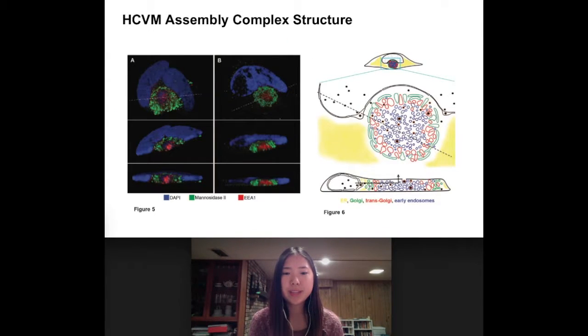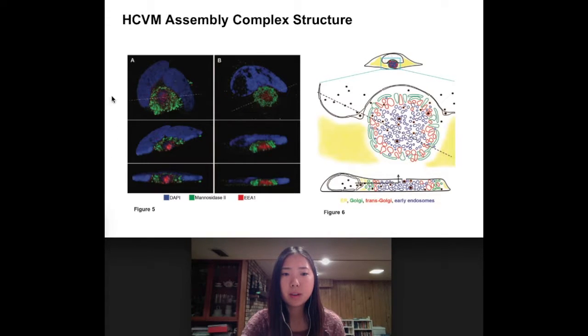What I found really interesting in this paper was the 3D structure of the HCMV assembly complex, and that was delineated in figures 5 and 6 in the paper. And so on the right here, we have the original confocal microscopic images with the immunofluorescent staining. And then on the left here, we have the reconstructed images.